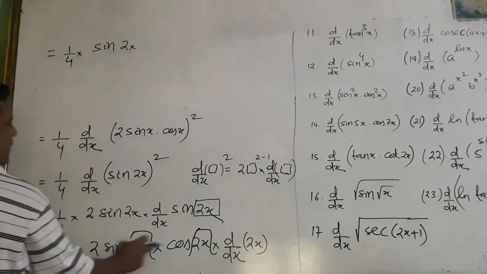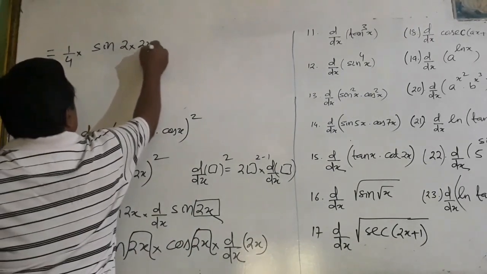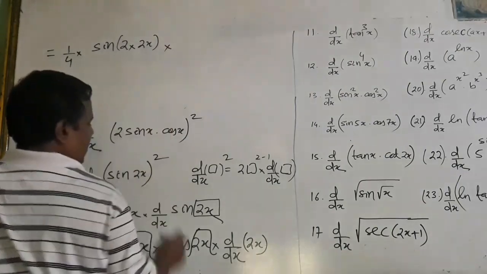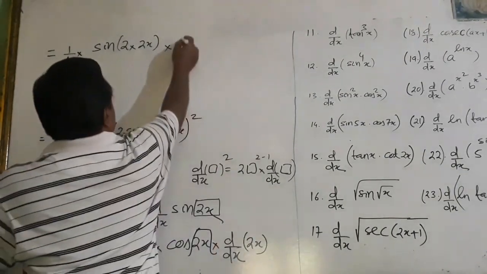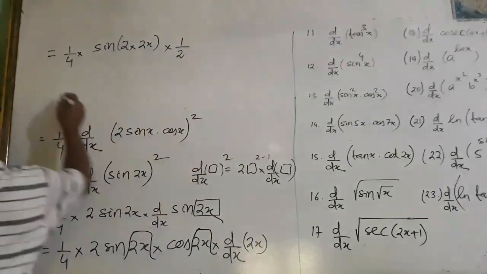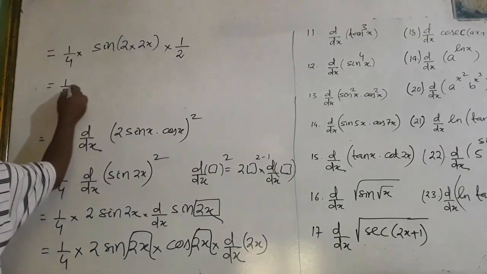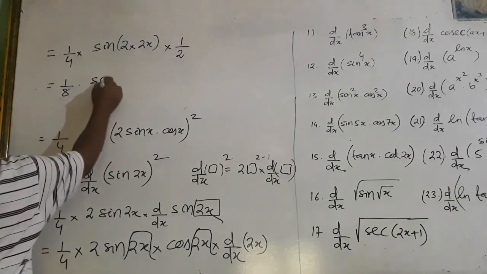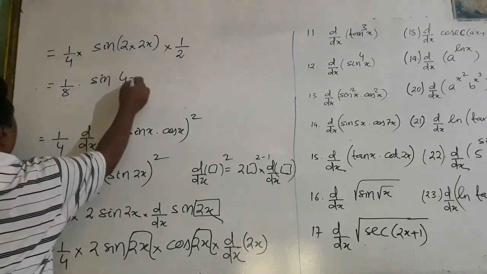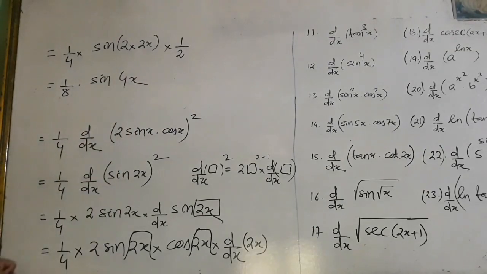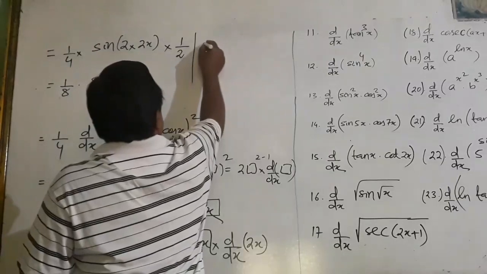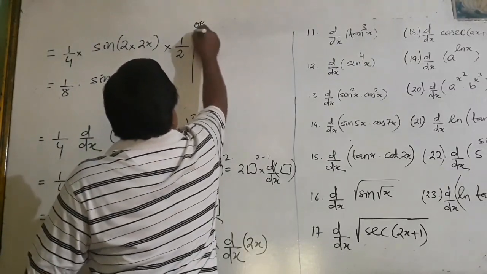A means what? 2x. Into d by dx of 2x, that is 2. It is 1 by 8 into sin 4x. You may verify your answer. Your answer may be 1 by 2, or 1 by 4.